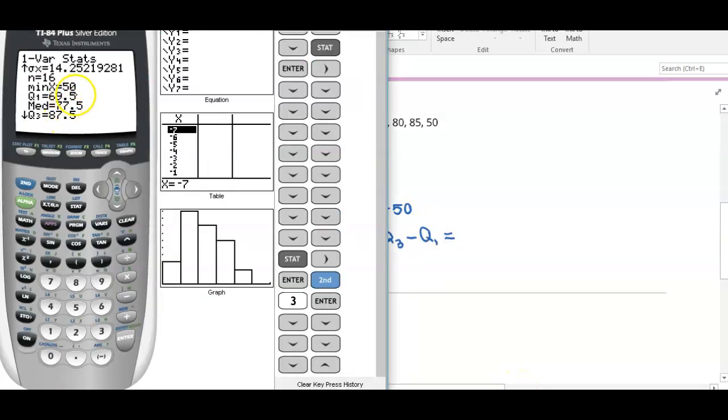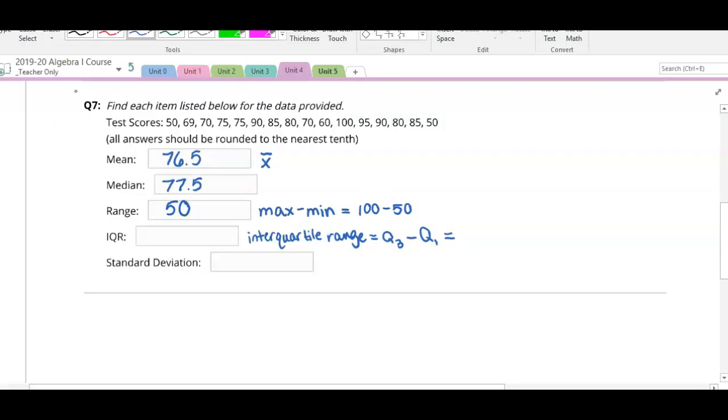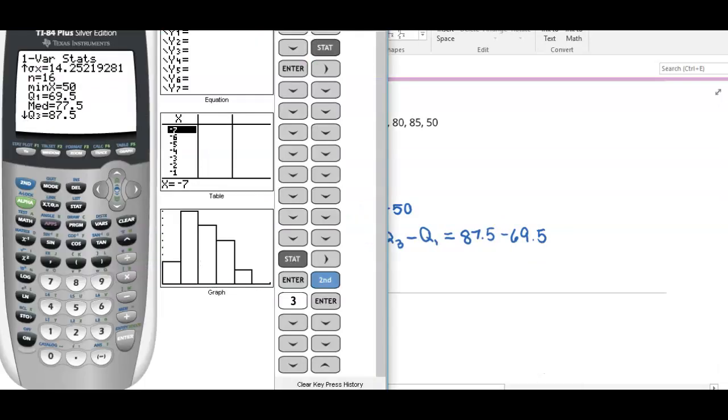Q3 is 87.5, Q1 is 69.5. And when I subtract these, I get 18. And then the standard deviation is going to be the Sx number, 14.7.